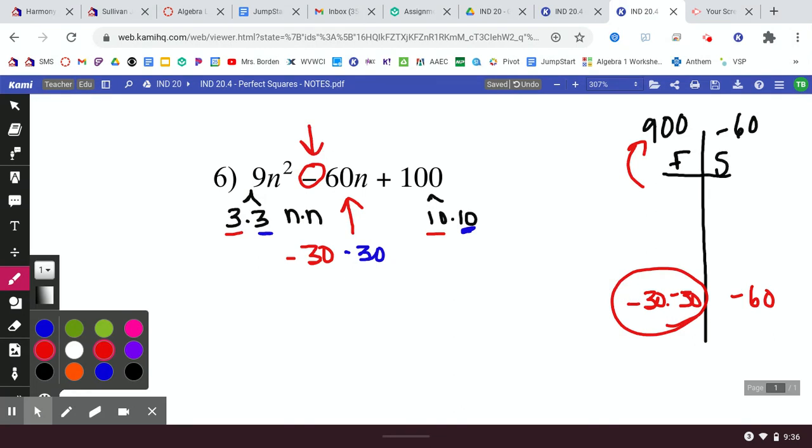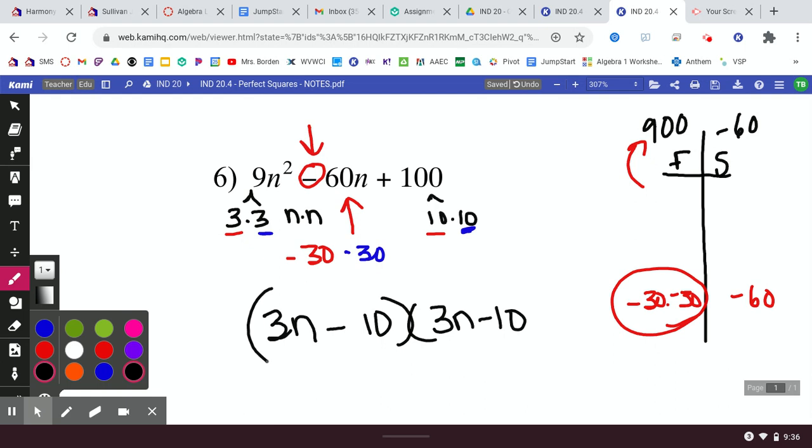Now, because it's a special case and it's a perfect square, you can take 3n minus 10 and 3n minus 10. Now recognize on this one I took a minus sign because of this right here. But when I take negative 10 times negative 10, I still get positive 100. So it works out, okay?